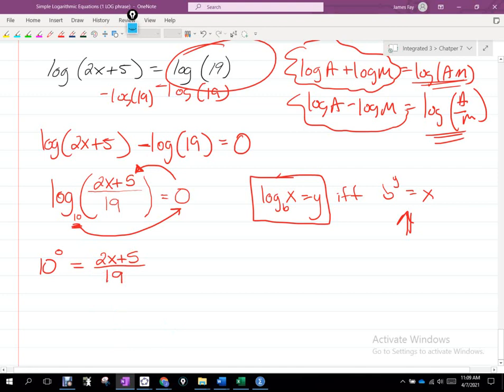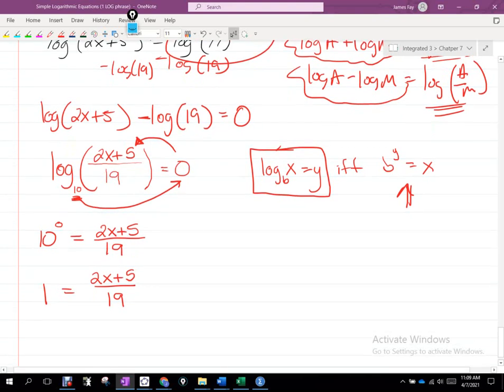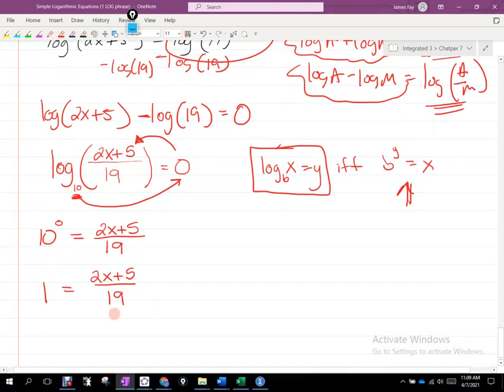What is 10 to the 0 the same as? 1. Now, how do I get rid of that 19 on the bottom here? Multiply by 19 here, multiply by 19 there. So we get 19 equals 2x plus 5, right?